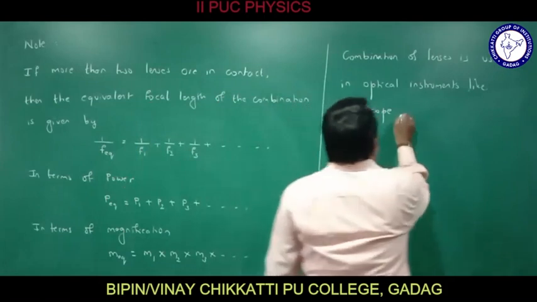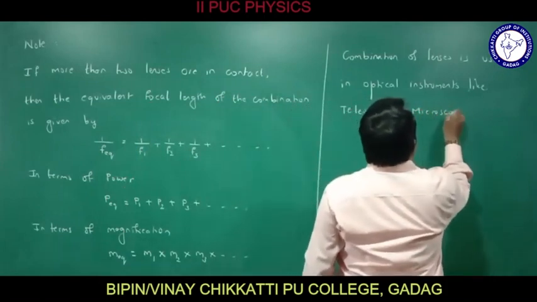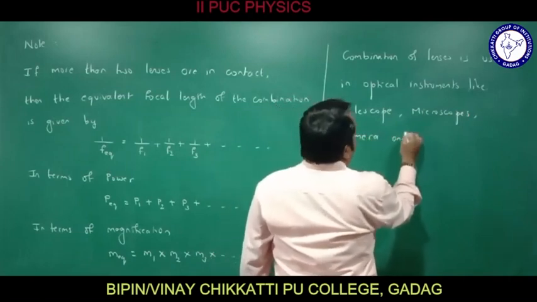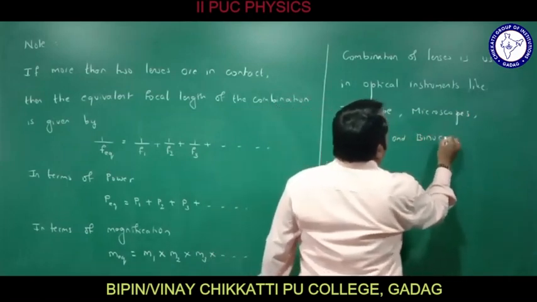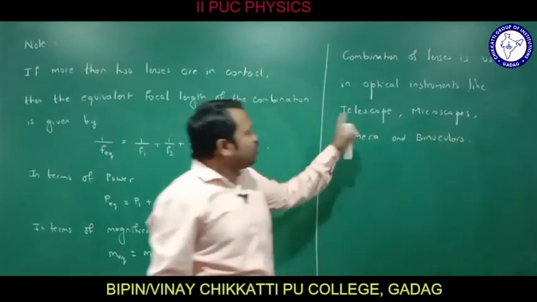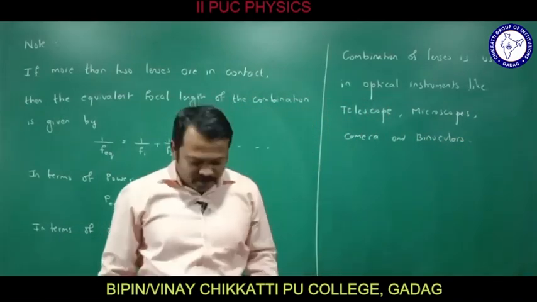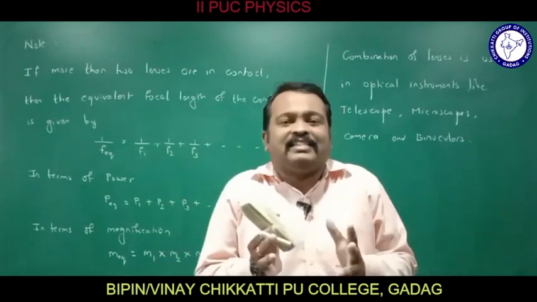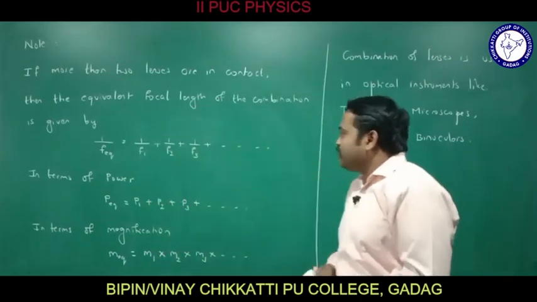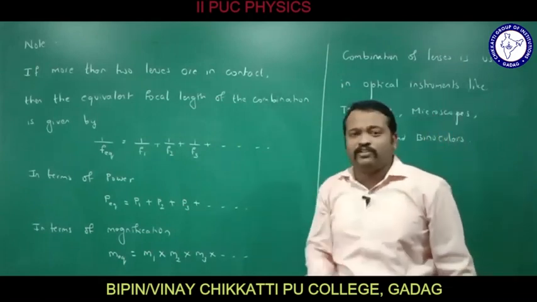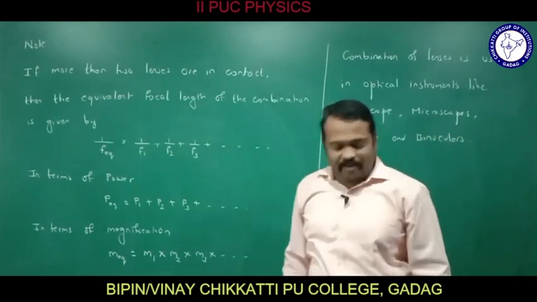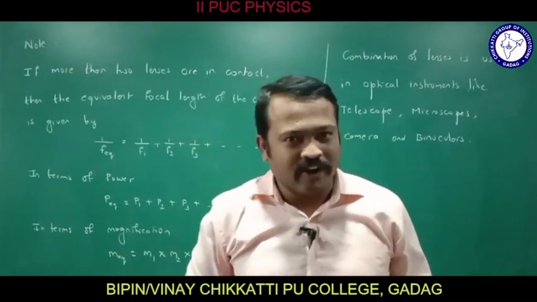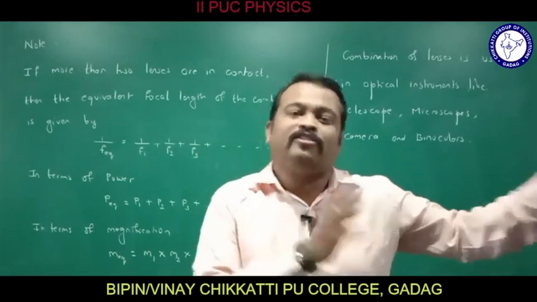They are used in telescopes, microscopes, cameras, and binoculars. These are the optical instruments, and there are many optical instruments in which we use more than one lens. We combine the lenses, and the equivalent focal length of the combination is given by this formula. This is all about combination of thin lenses or thin lenses in contact.